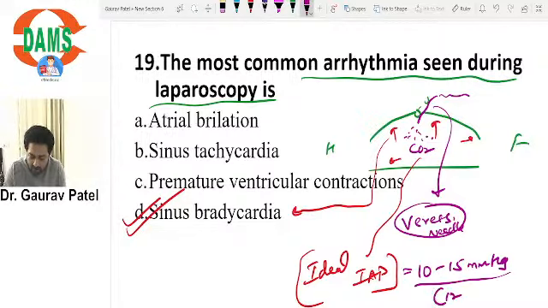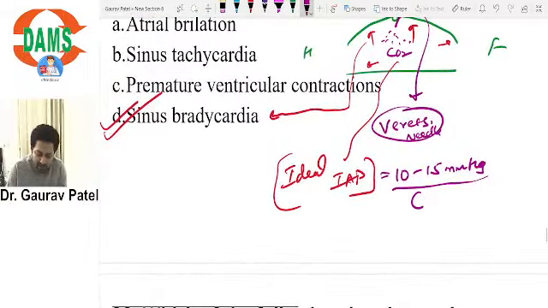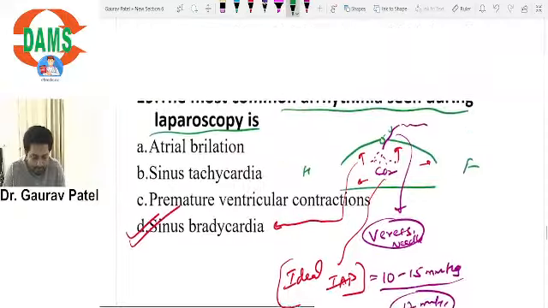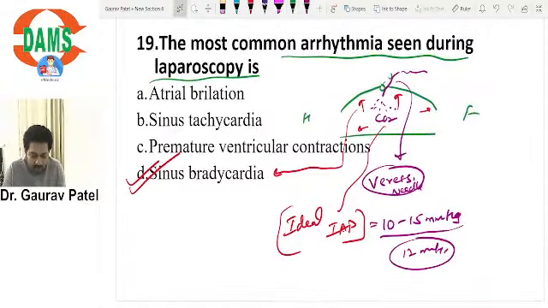On an average, we keep our patient's intra-abdominal pressure at 12 millimeter of mercury. The range is 10 to 15. If it is less than 10, you will have less space. If it is more than 15, then the pressure can be too high and it can cause physiological changes. Very nice, 10 to 15. Okay, so sinus bradycardia is the answer here.